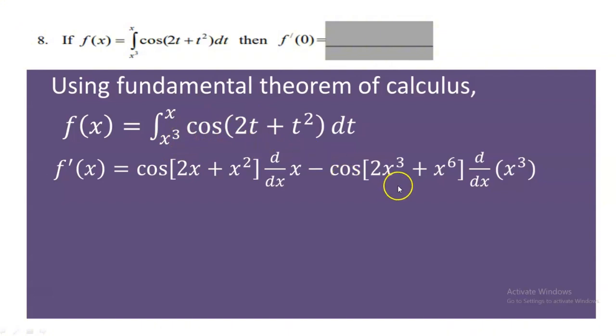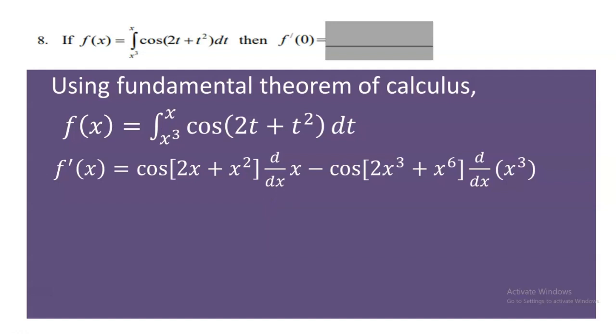So cos 2x cubed plus, now here in place of t again, I'm going to use x cubed. So x cubed, the power of 2 makes x to the power of 6. You see? Then since I'm substituting x cubed in place of t using chain rule, I need to differentiate x cubed with respect to x as before. So this is going to be d by dx of x cubed. So from this, what can be obtained is the following one.